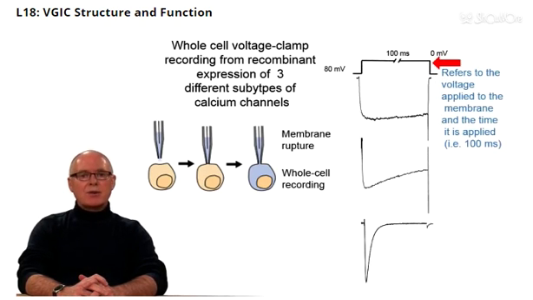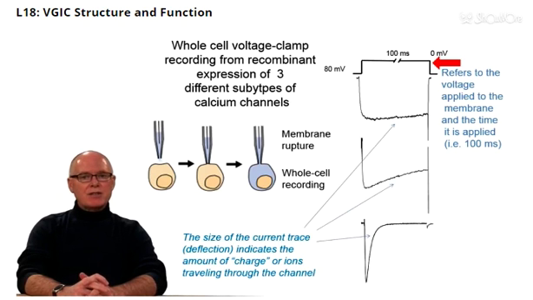The current traces on the right demonstrate this. The ramp at the top shows how long and what voltage was applied to the cell membrane. That is, the membrane was depolarized. The deflection represents the channel opening and ions moving across the sum of all channels of a particular type in the cell.